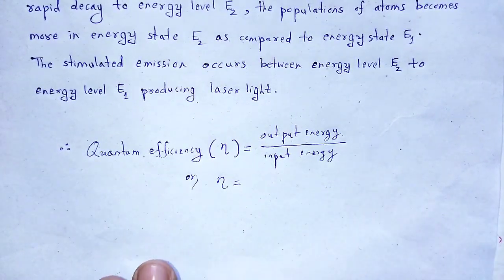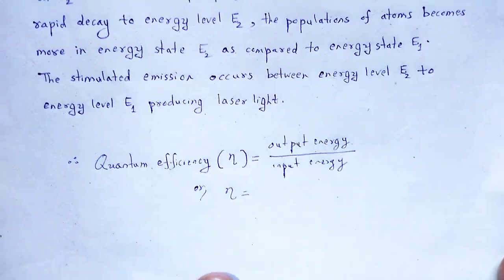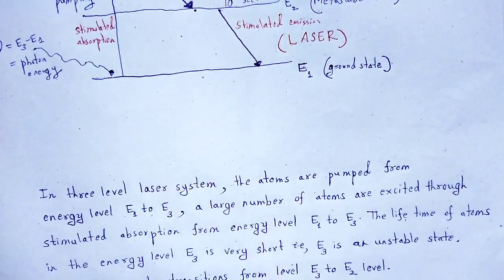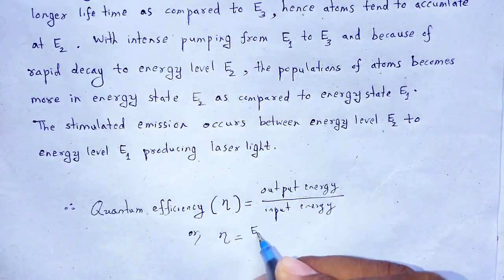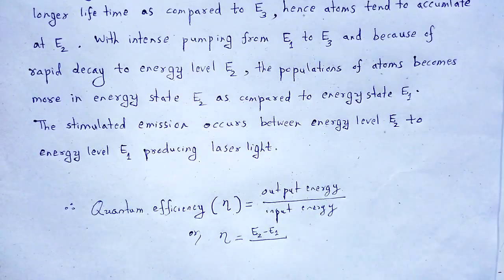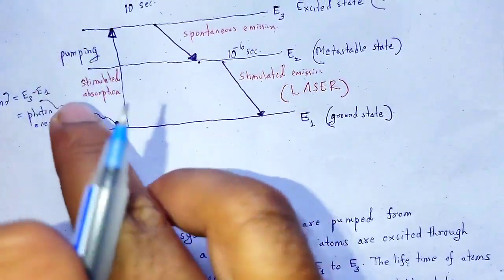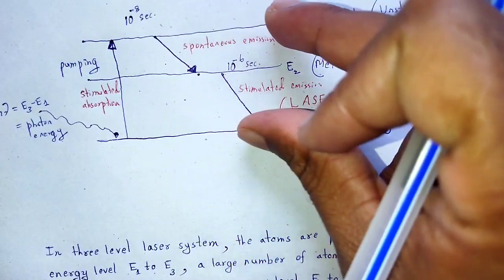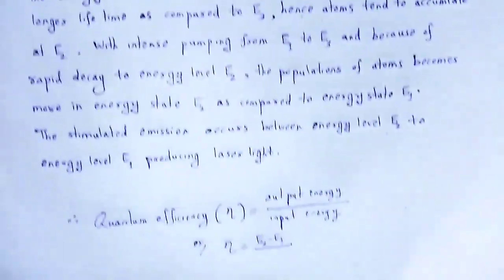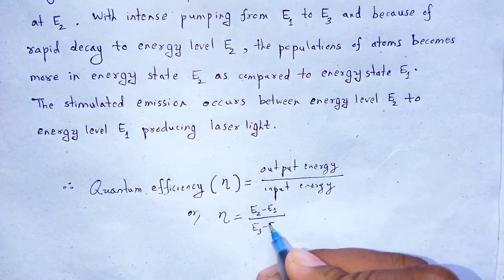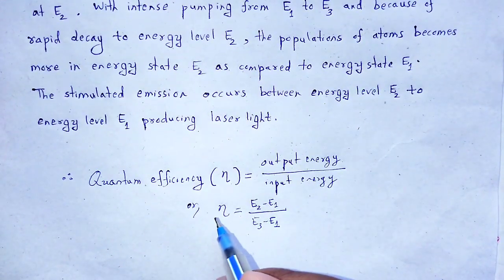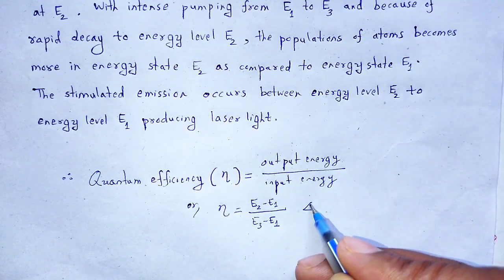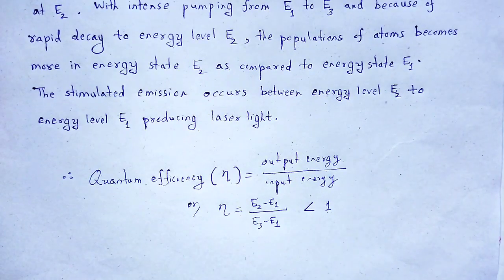Eta is equal to the output energy, E2 minus E1, over the input energy. By the method of pumping, we supply the energy difference between these two energy levels, E3 minus E1. That quantity is less than 1.